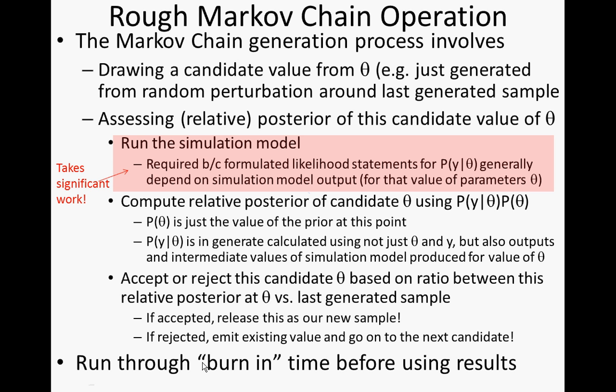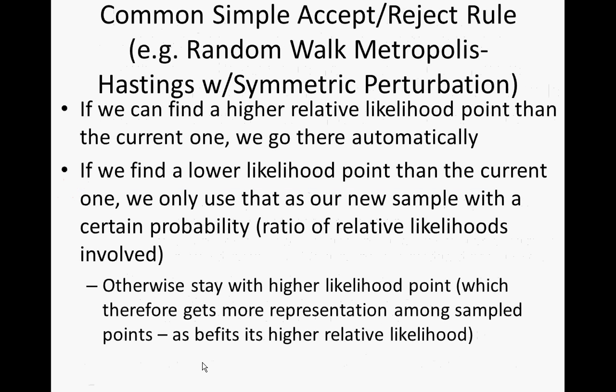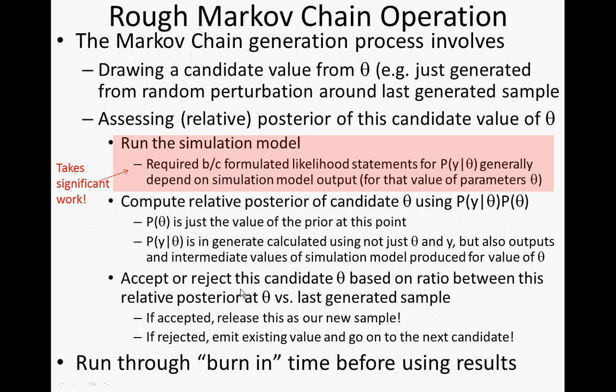So a common way of implementing this that I've already been using for illustration is a very simple approach called random walk Metropolis-Hastings with symmetric perturbation. The idea here is if we find a higher relative likelihood point than the current one, we go there automatically. So this is in the acceptance. If it's higher than our current relative likelihood, we automatically go there and emit that sample. If we find a lower likelihood point than the current one, we only use it as a new sample with a certain probability as given by the ratio of relative likelihoods involved. And that P of y, you'll notice, drops out.